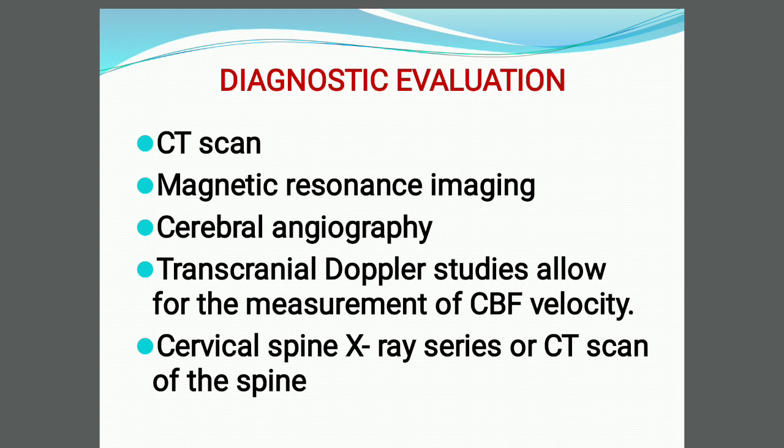As we know, if you remember the anatomy and physiology I mentioned, the brainstem is the center that connects the cerebellum to the spinal cord. So there is a connection between the brain and the spinal cord. So if a person has a head injury, there is also a chance of injury to the spine. So a cervical spine X-ray is mainly done to check for any trauma in the spine.